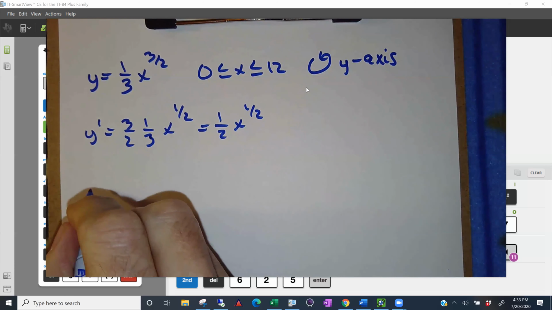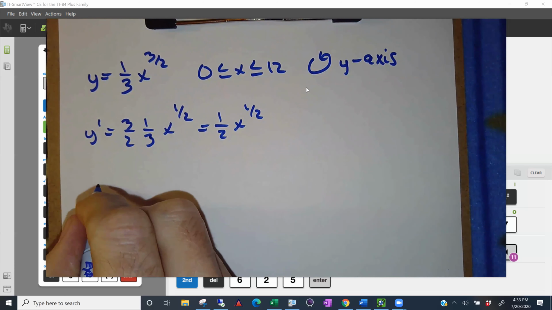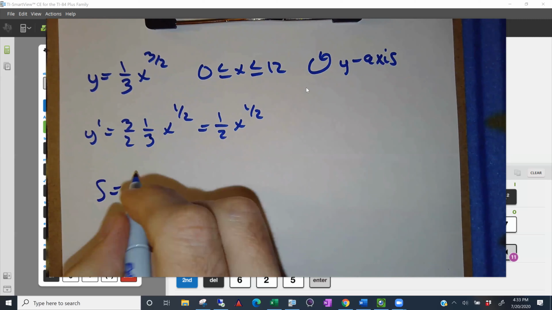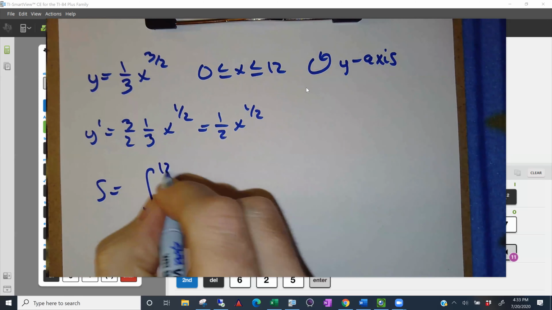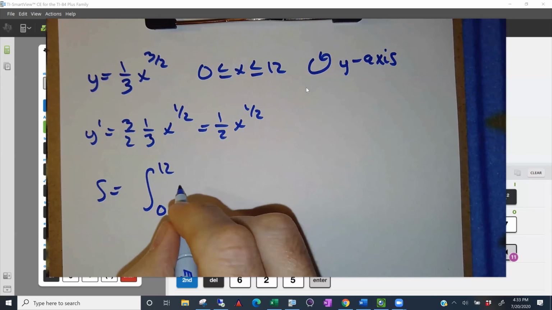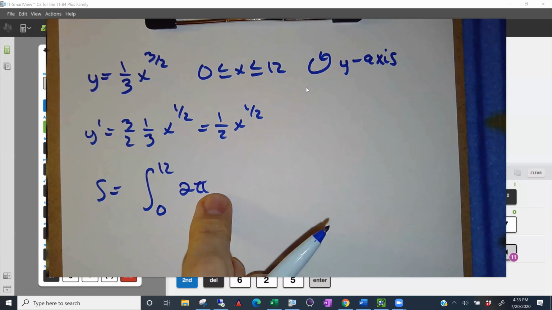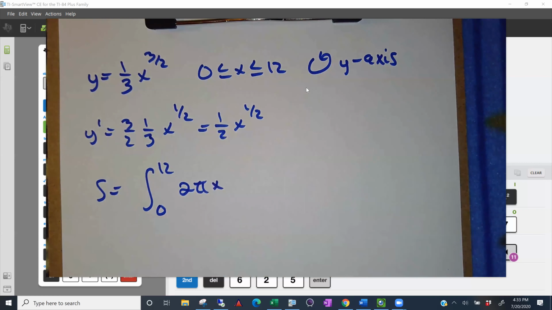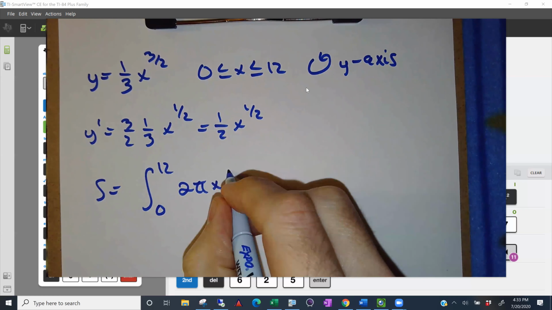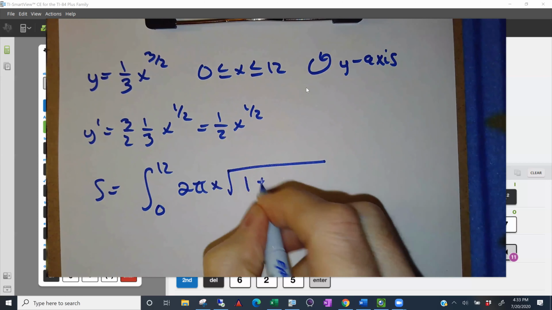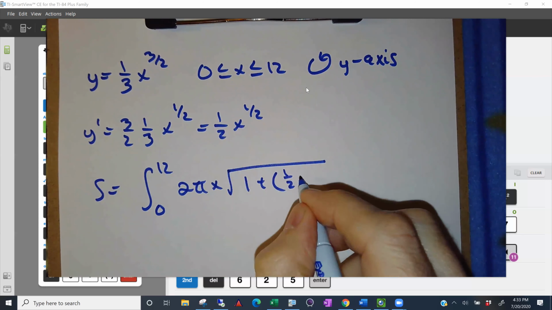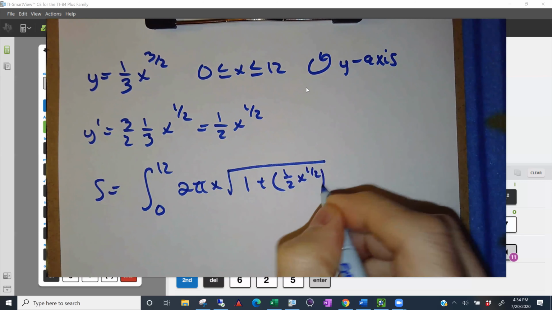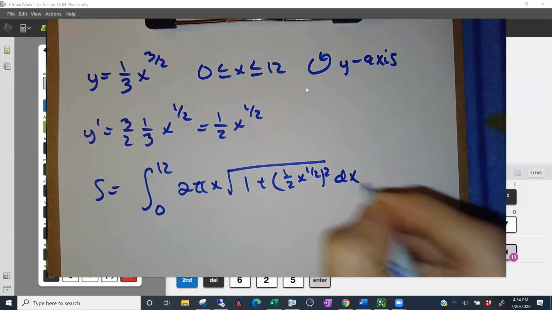Let's find the integral or the arc length. S is going to be the integral from 0 to 12 of 2 pi, and this time times an x. It's not f of x, it's just a simple x, times the square root of 1 plus f prime squared, 1 over 2 times x to the 1/2 squared dx.